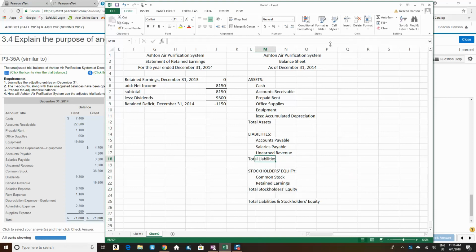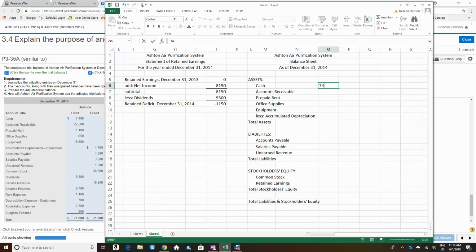So let's see if we can get to that. I'm going to start with my asset amounts. So I got cash. I'm just pulling from over here on the trial balance, 7,400. Accounts receivable, prepaid rent, office supplies. I got equipment.